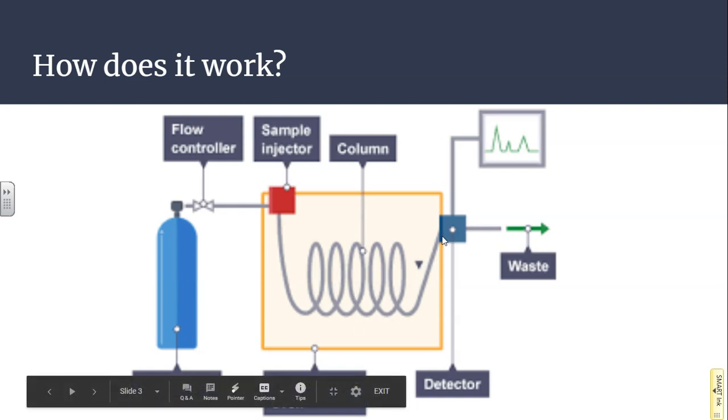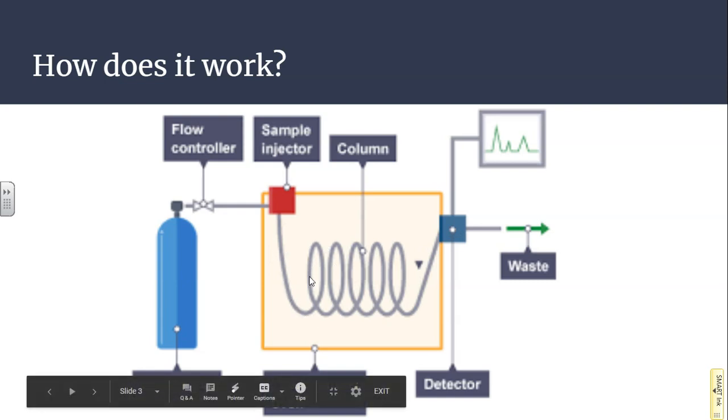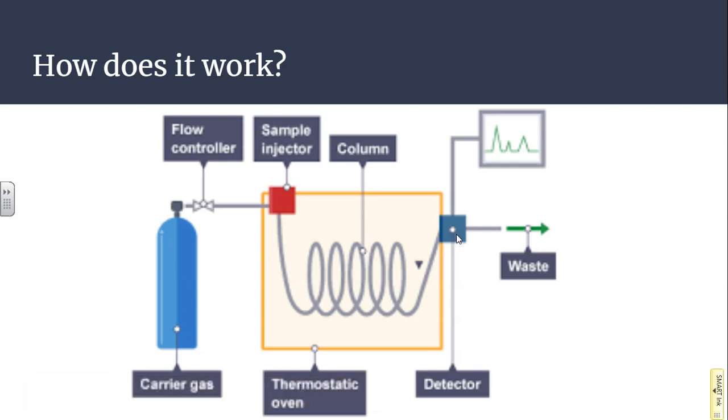Eventually they will come out to the other side. So the ones that were very fast will come out first, and the ones that were very slow because of their size and the way they interacted with the column will come out last.